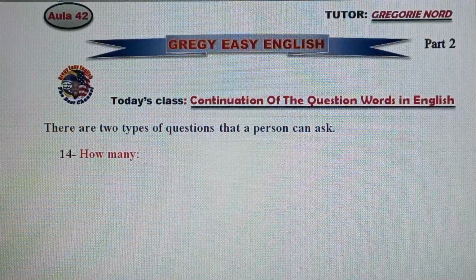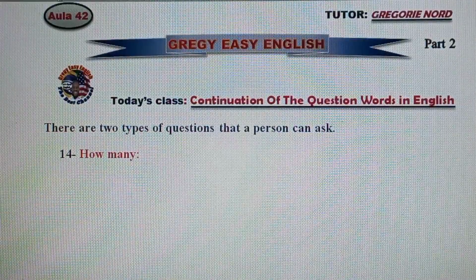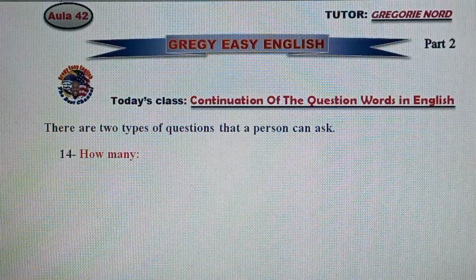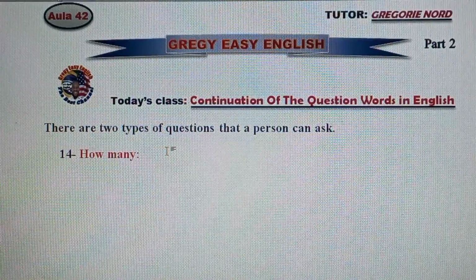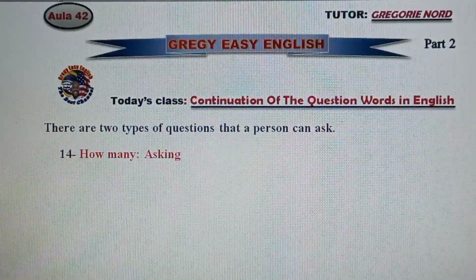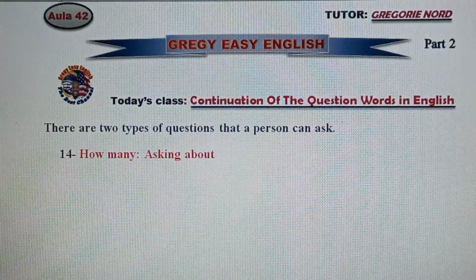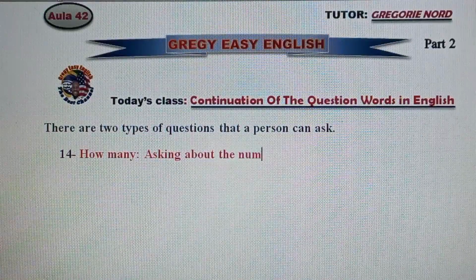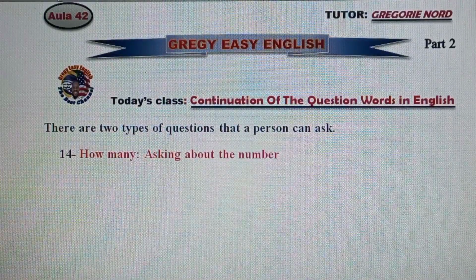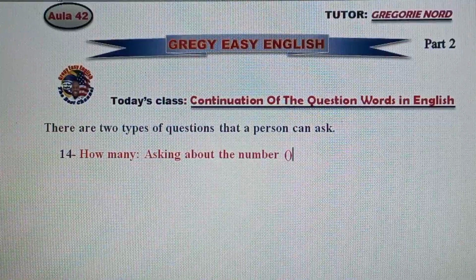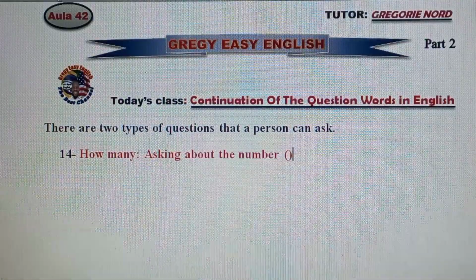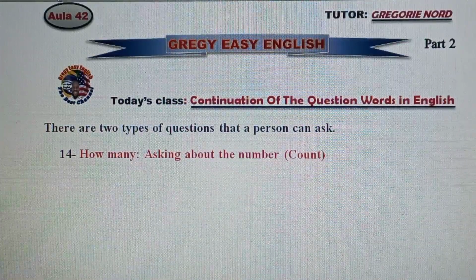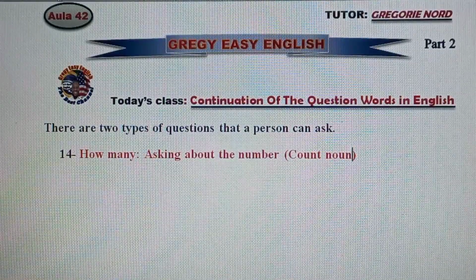Okay, guys, how many? Now, guys, let's see how we use how many in English. How many asking about the number, but this time it is count nouns.